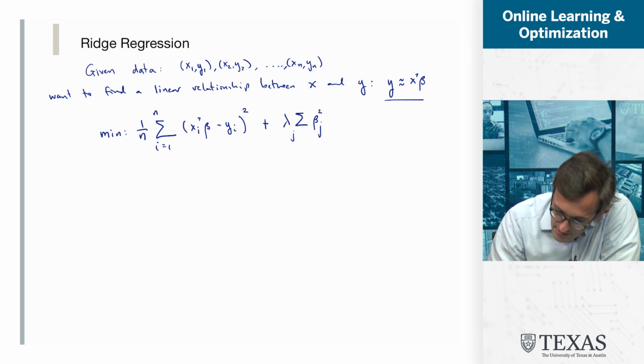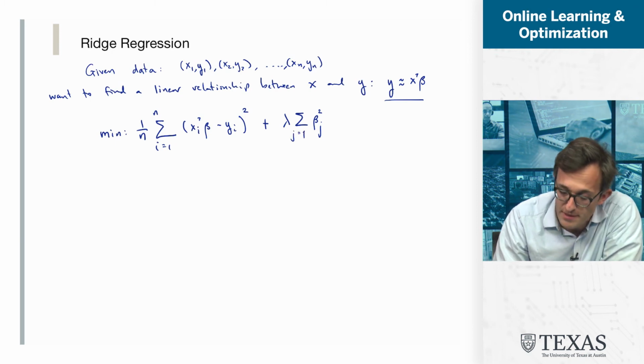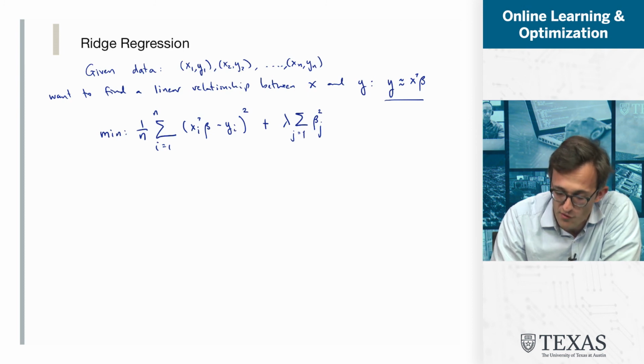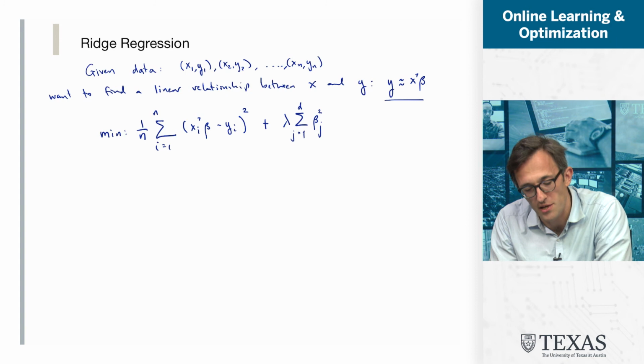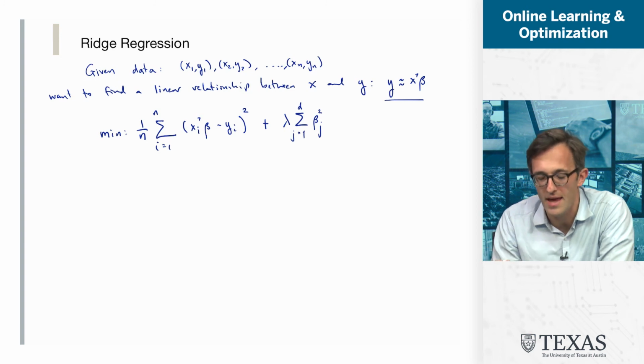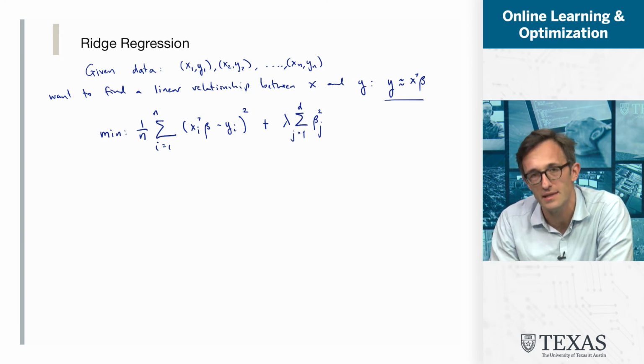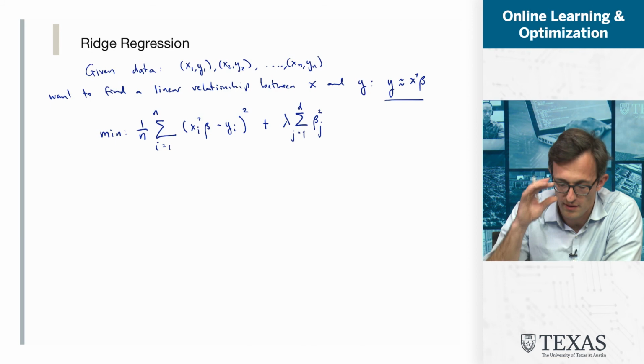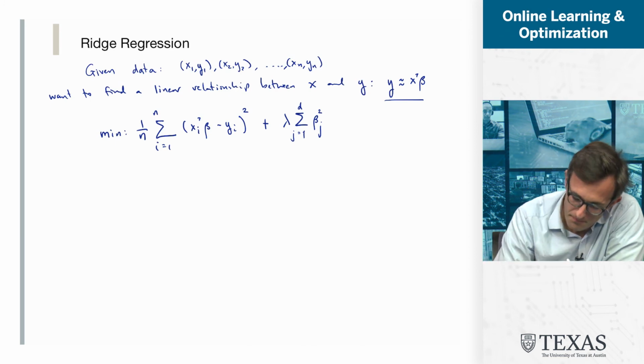So j is going to run from 1 to the dimension of beta, the number of parameters we have. Again, you see this is another common change in notation. In optimization, oftentimes we'll use n to denote the number of parameters. In machine learning and statistics, it's very common to see n as the number of data points and d or p as the number of parameters that we have.